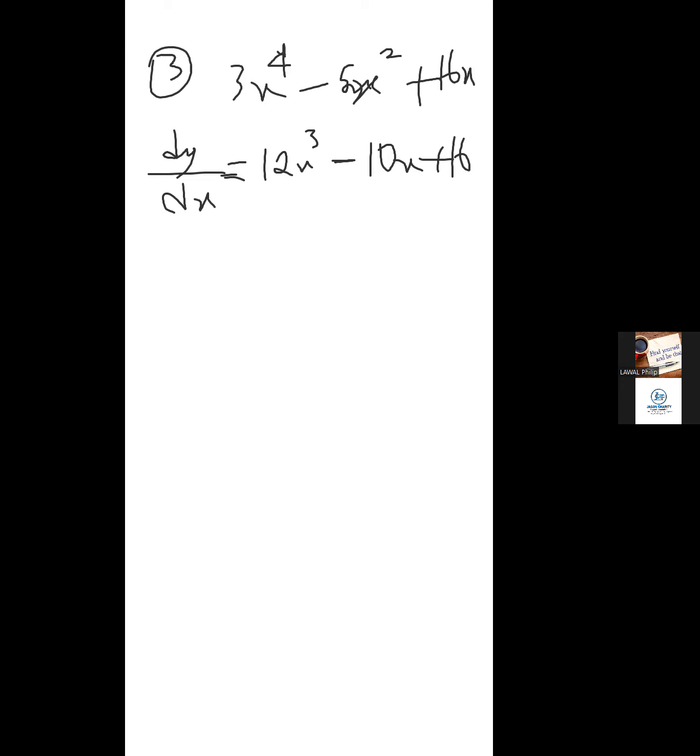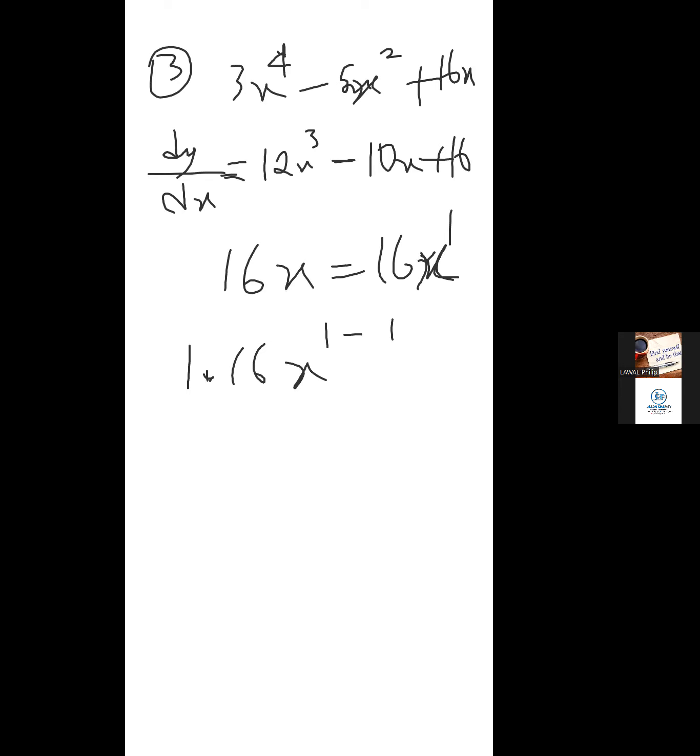So I think I will need to do this separately. Let's say I'm doing 16x. It's the same thing as saying 16x raised to power 1, because anything raised to power 1 is that number. Now, to differentiate it, I'll say 1 times 16. Then x raised to power 1 minus 1.